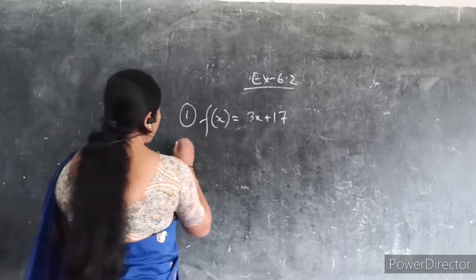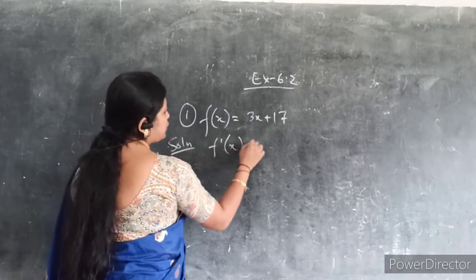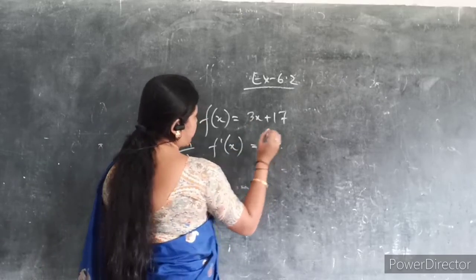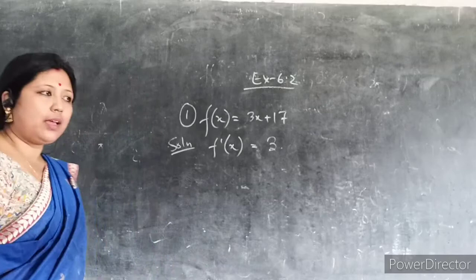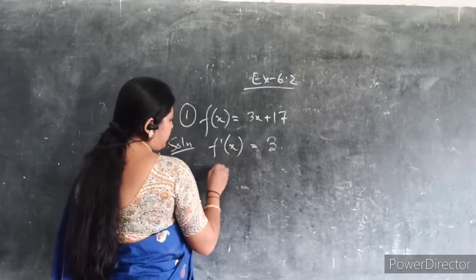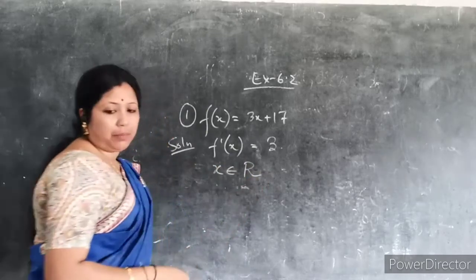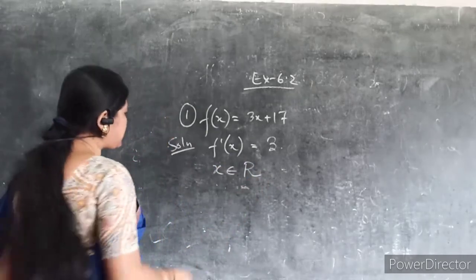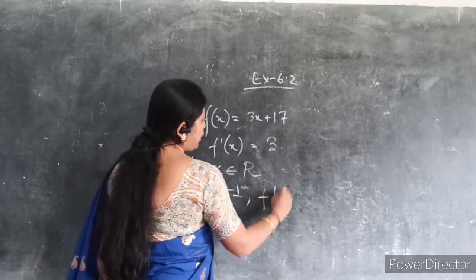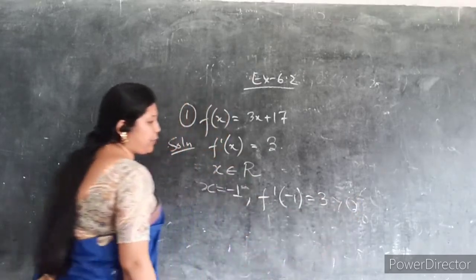So what you need to do is find the first derivative. In the first derivative, you shall get 3. As you put any value, that means x belonging to real numbers, if you put x equal to -1, you will get your output to be 3, that is greater than 0.